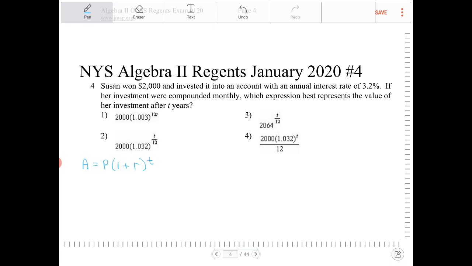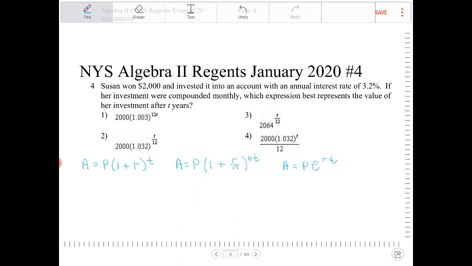This is for when the investment is compounded once per unit of time. The second equation is compounded n number of times per unit of time. And the last one is an investment that's compounded continuously per unit of time.